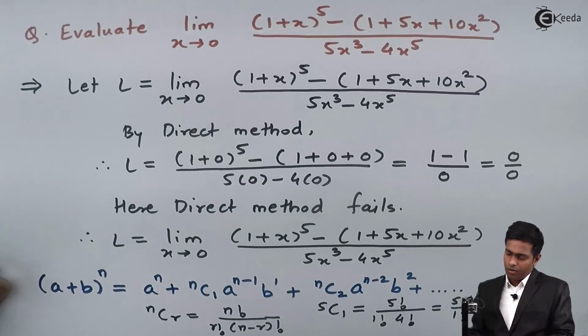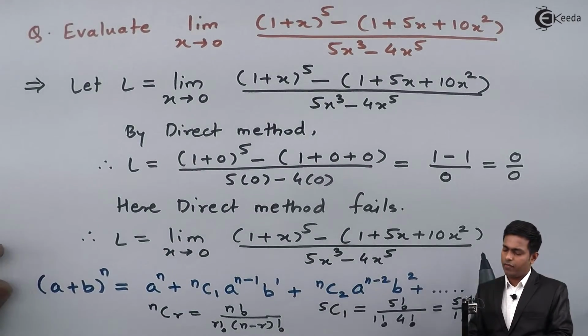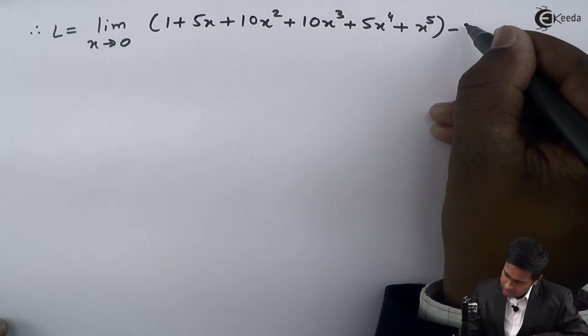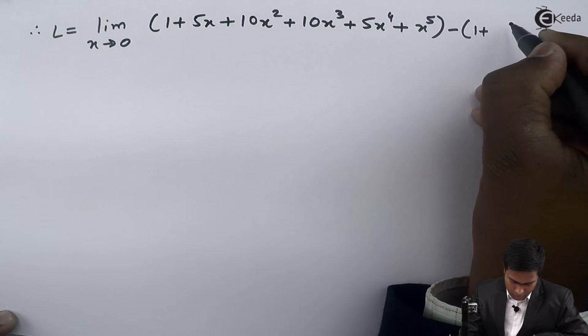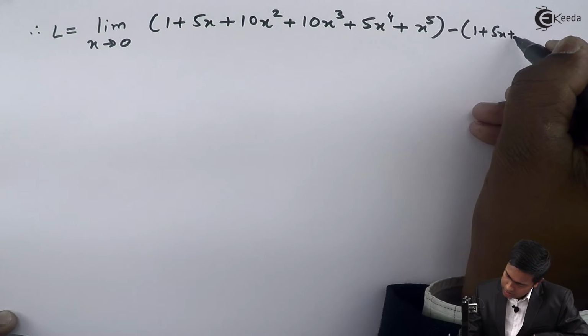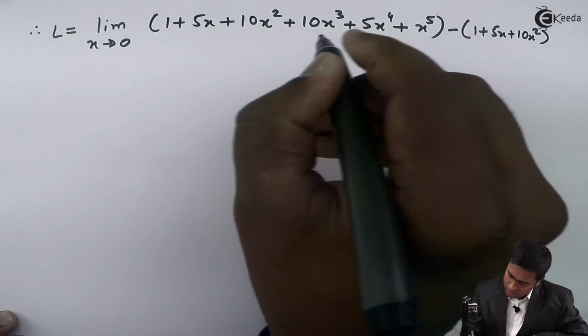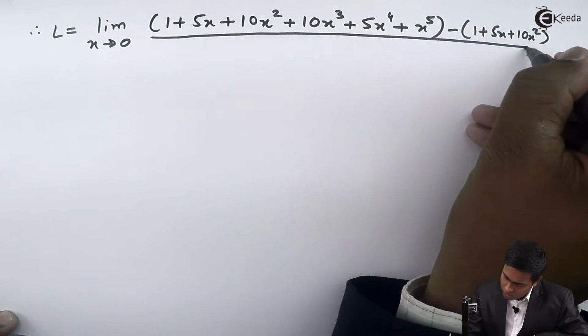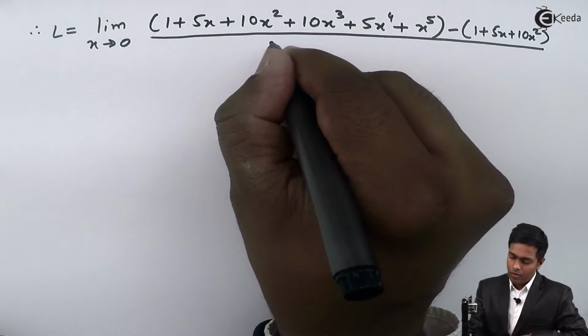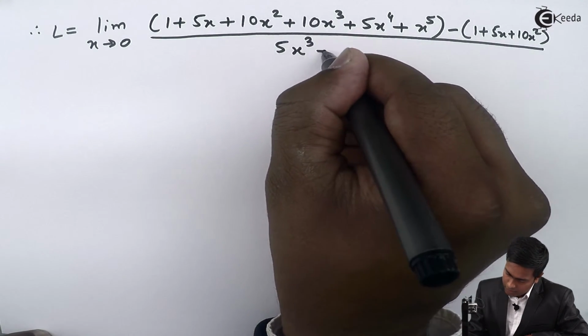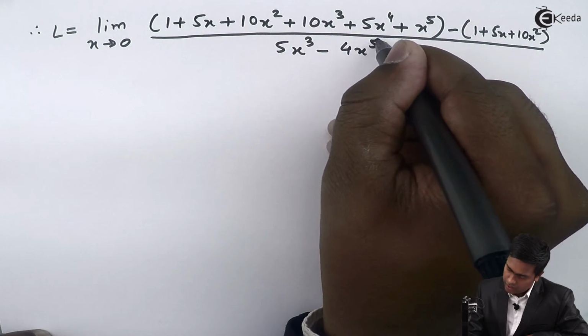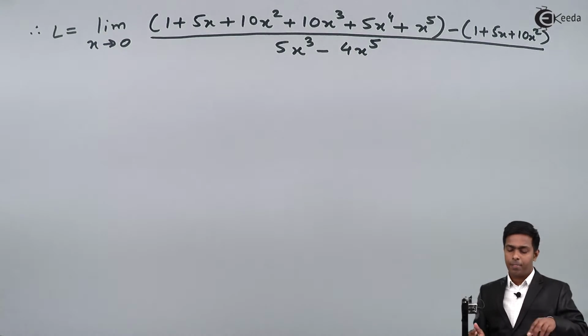Next we have minus of 1 plus 5x plus 10x square, whole upon 5x cube minus 4x raised to 5. So I am just copying down the terms.